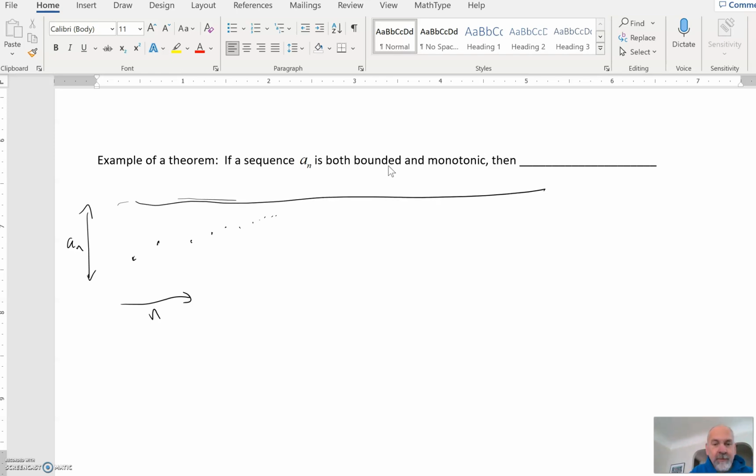And so since it can't go past this, but it has to keep increasing, you realize it's got to converge to something. Like it could stop right here, but then it's converging to that. If it keeps going up, then it's going to converge to something else, or it might converge to the bound that we've got right there. So if a sequence is both bounded and monotonic, then it converges. That's an example of the kind of logical conclusion you can make about sequences.